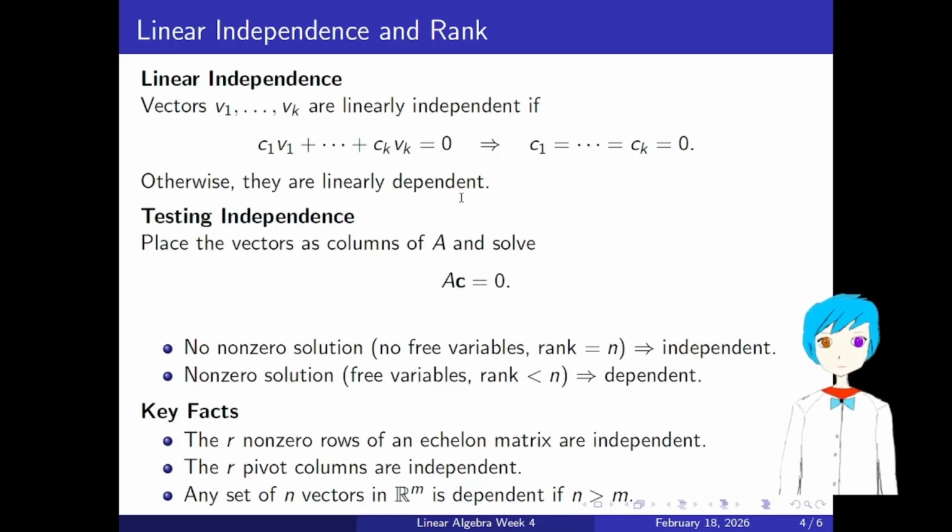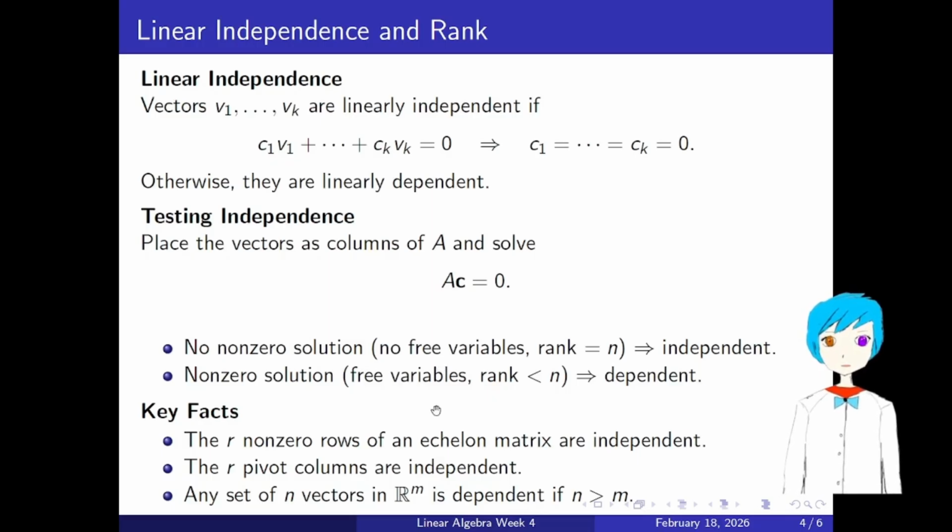So how to test if a given set of vectors is linearly independent? We place them as columns of A, and then we solve Ac equals 0. If there is no non-zero solution, then the given set of vectors is linearly independent. Otherwise, they are linearly dependent.